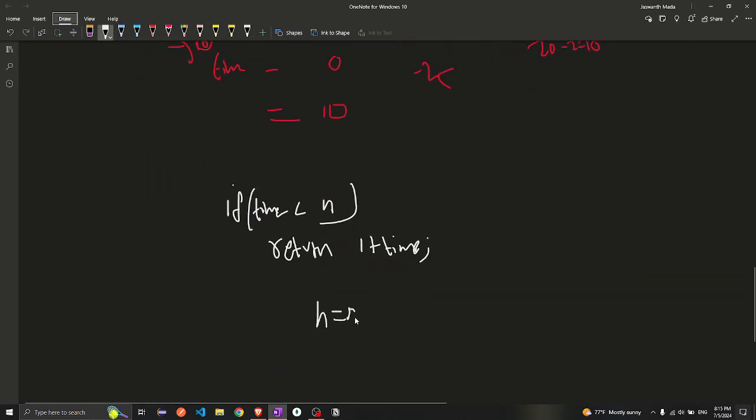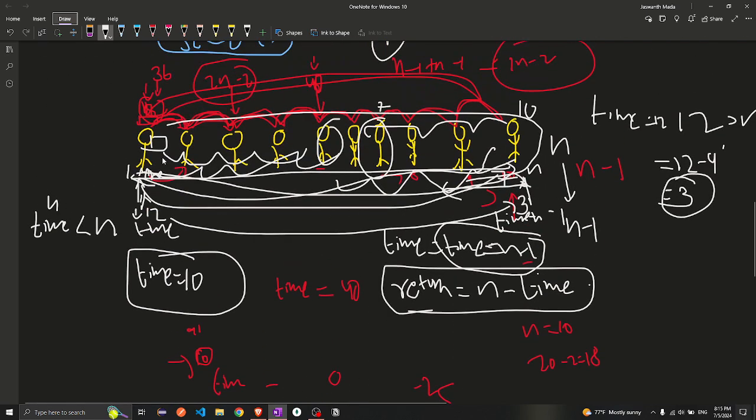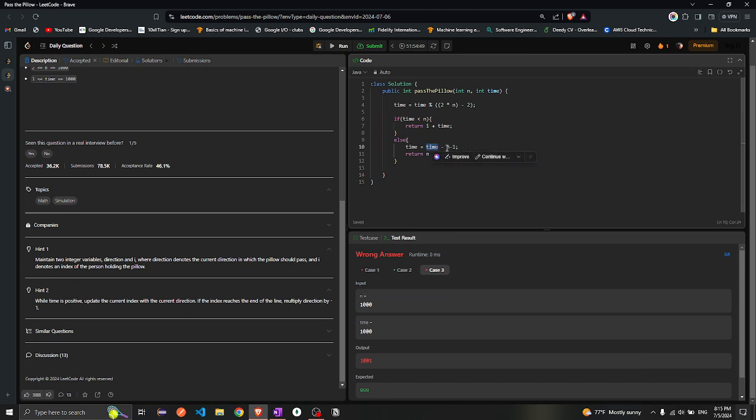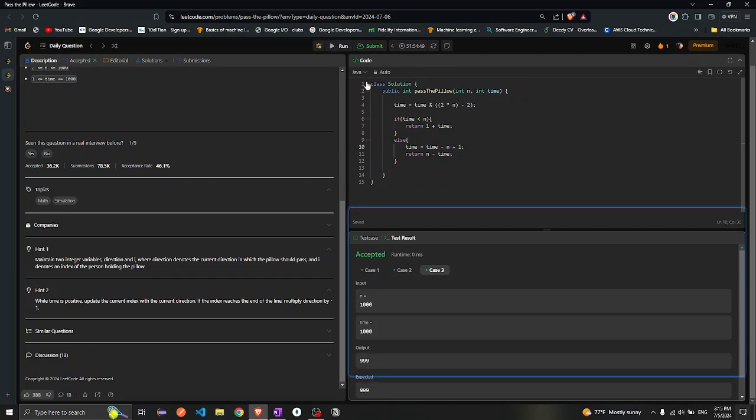Suppose my n is 12 and I have 10 people. N is 12 means 1, 2, 3, 4, 5, 6, 7, 8, 9, 10, 11, 12. Time equals to 10 minus 1. Okay, we are reducing 11 here. Oh wait, 12 minus 10. Oh, we need to do plus 1 here.